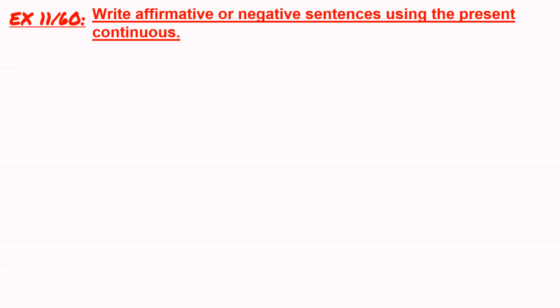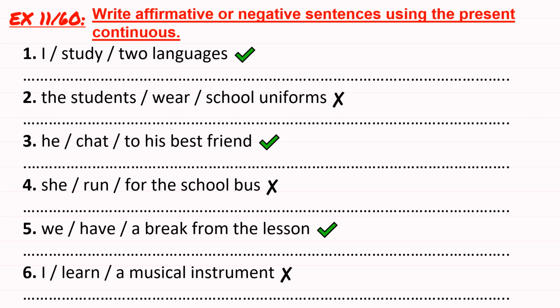Okay, let's practice with the exercise 11 on page 60. We will write affirmative or negative sentences using the present continuous tense, and we have 6 sentences. Look at the sentence. If you see the tick like this, you will write an affirmative sentence, and when you see the cross, you will write a negative sentence.